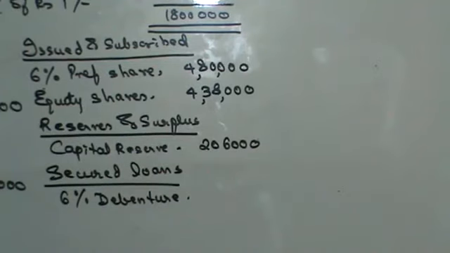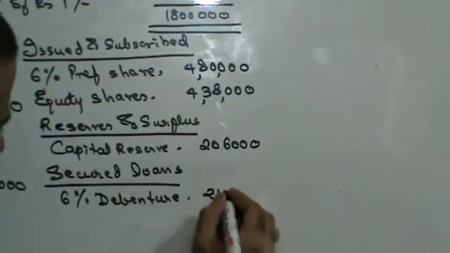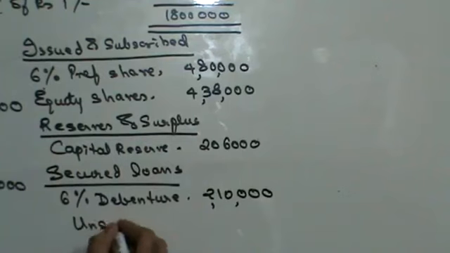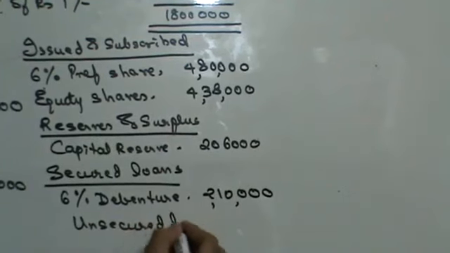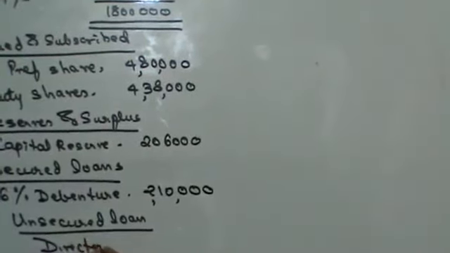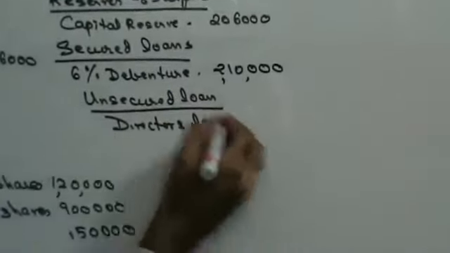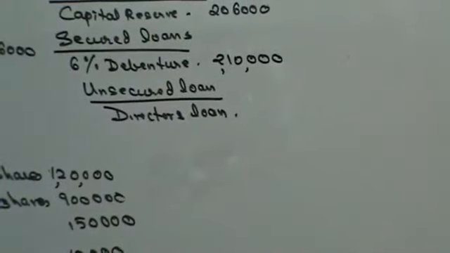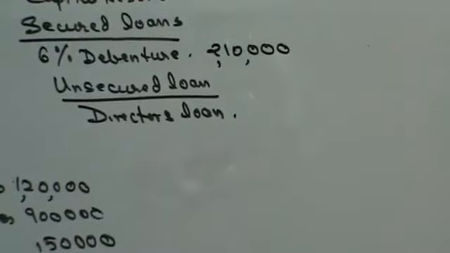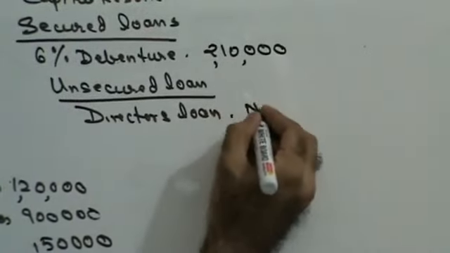So that will give you 2,10,000. Then you have unsecured loans. Director's loan is unsecured loan, 150, and the total amount is written off.